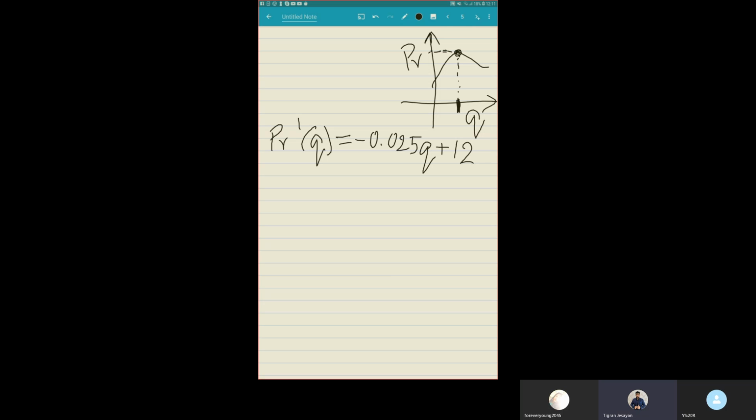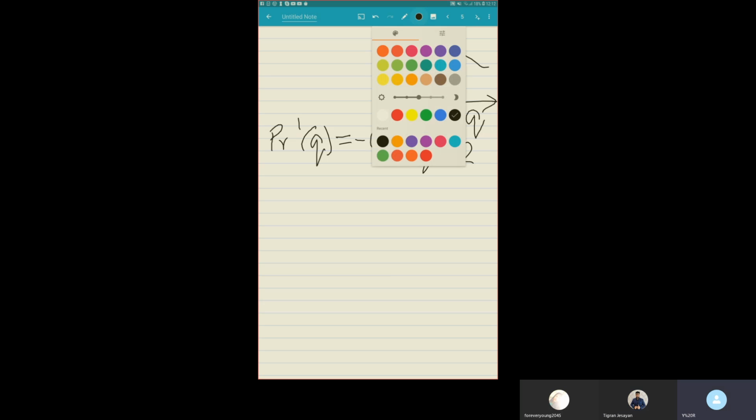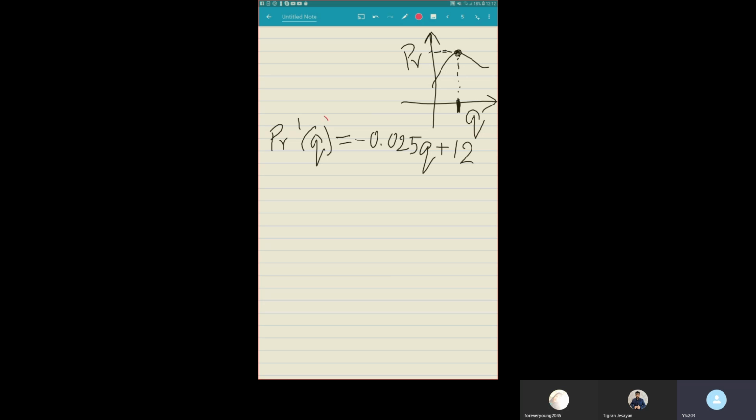Am I supposed to use the whole profit is revenue minus total cost again? No, not really. This is the derivative, you see? What you are finding is the slope at every point. So what is the slope at the maximum profit, you think? At this curve, at the maximum point.